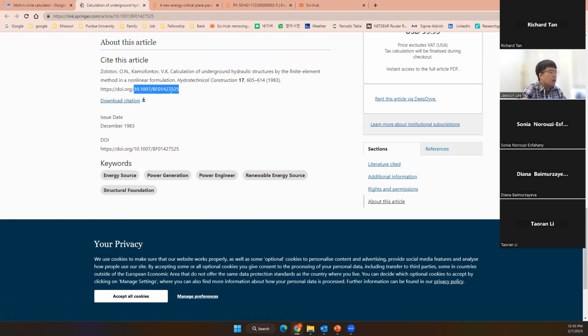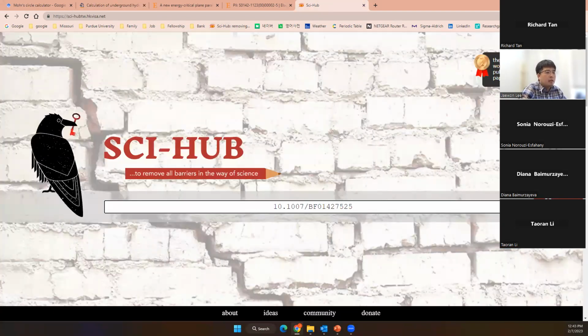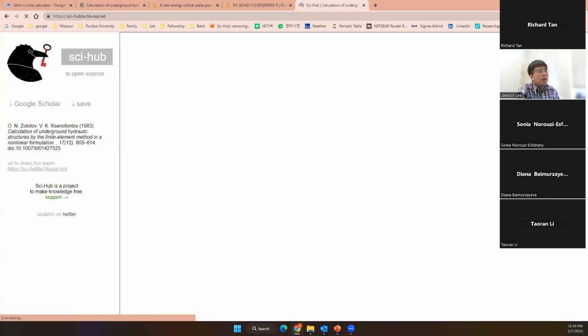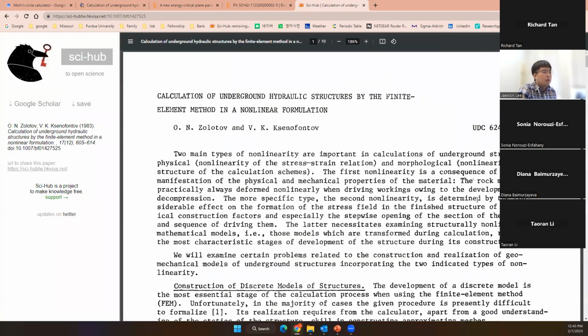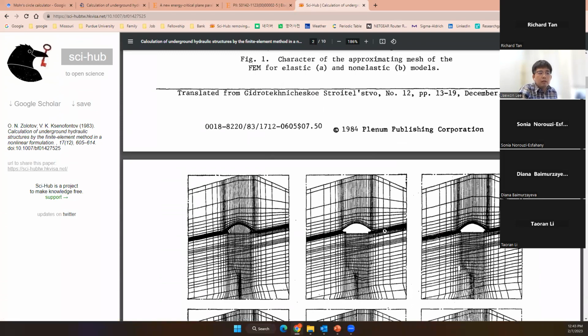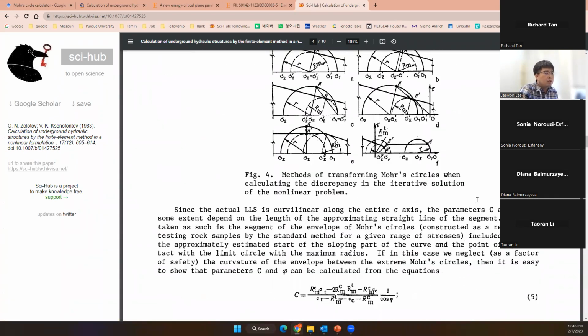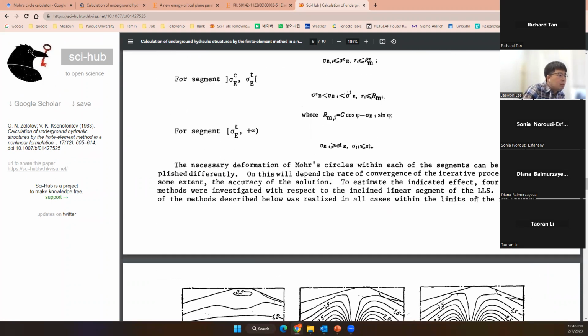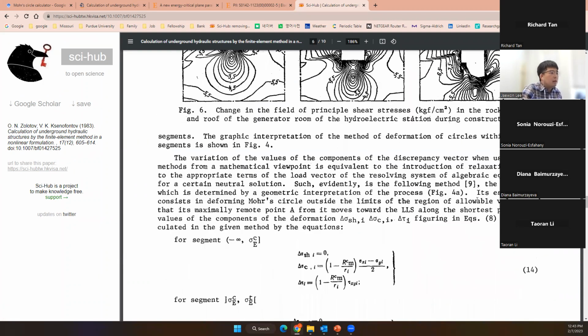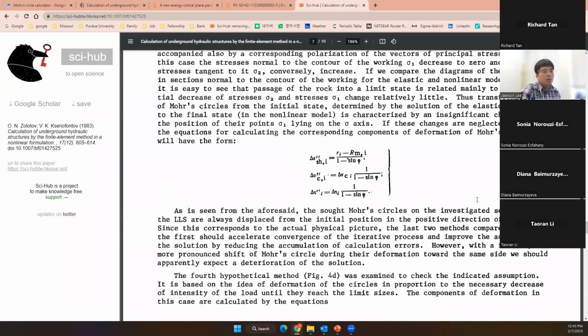Only copy this part and paste. Then click it. At the time, you can get the papers. I'm not sure this is about Mohr circles or not, but I think it's related.